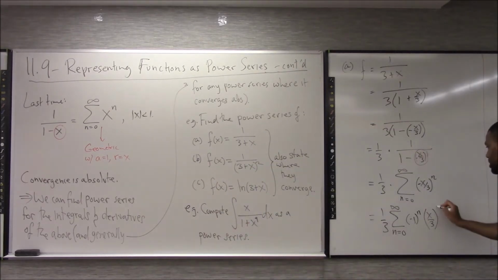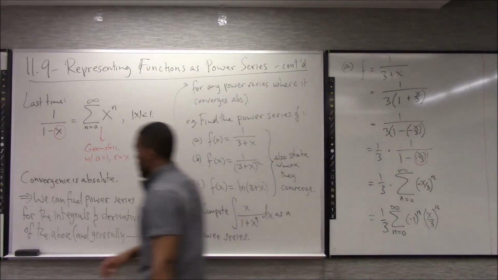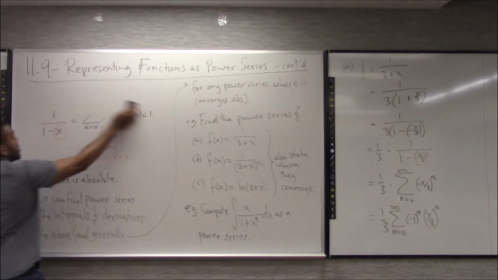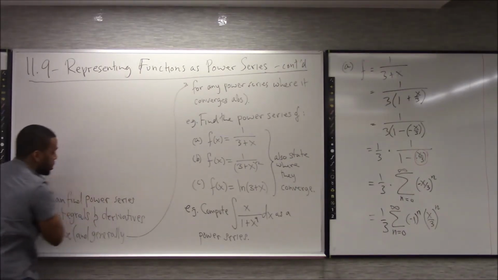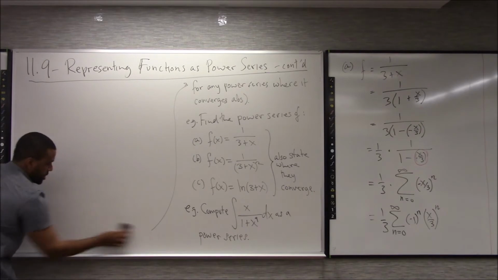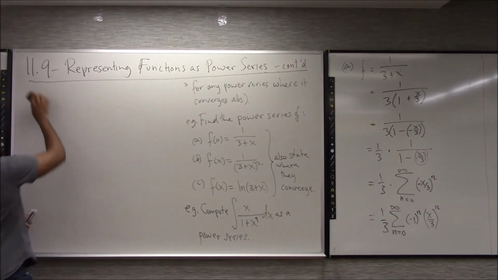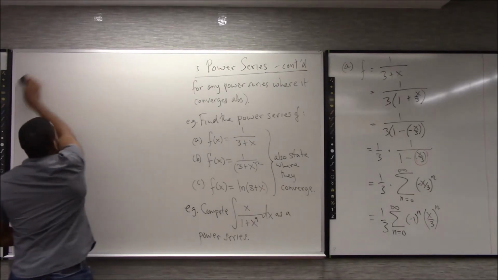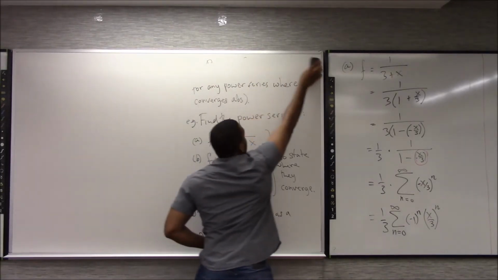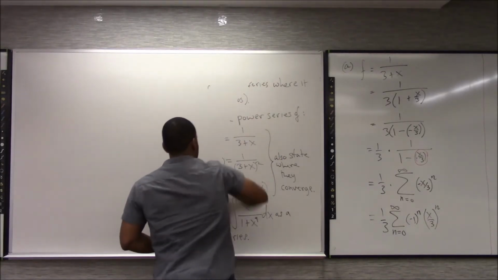I can write it like that, or I can write like x to the n over 3 to the n. Now what is going to be the radius or interval of convergence here? Now, we could jump into the ratio test here, but because I know what the original series works for, it's even easier. I don't have to go through all that computation all over again.